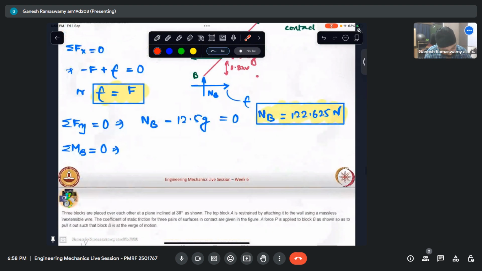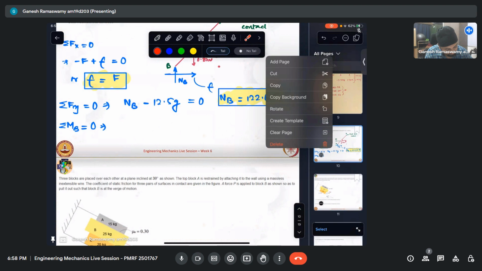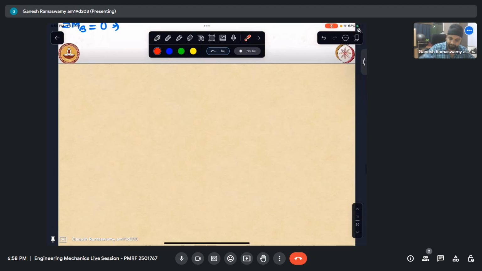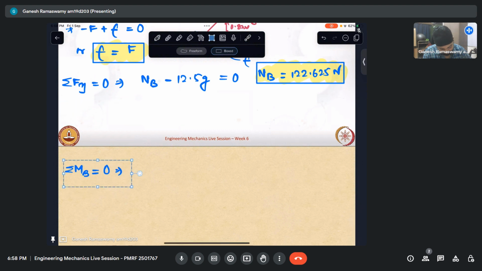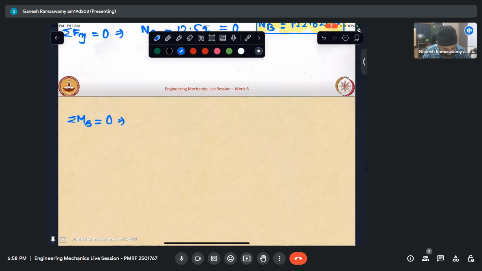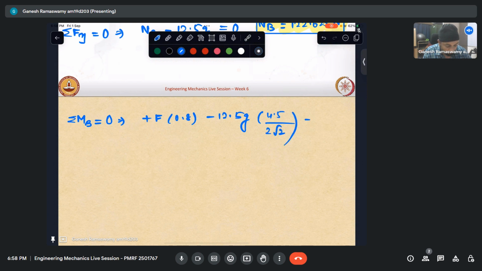Let me take a page here. Let me take moment about B equaling 0. So this gives me plus F into 0.8 minus 12.5 G into 4.5 by 2 root 2 equaling 0.